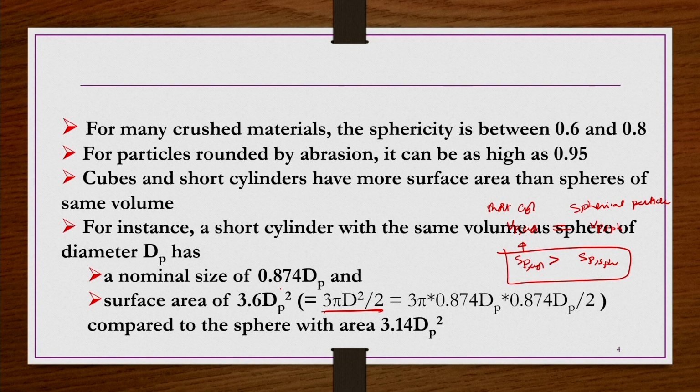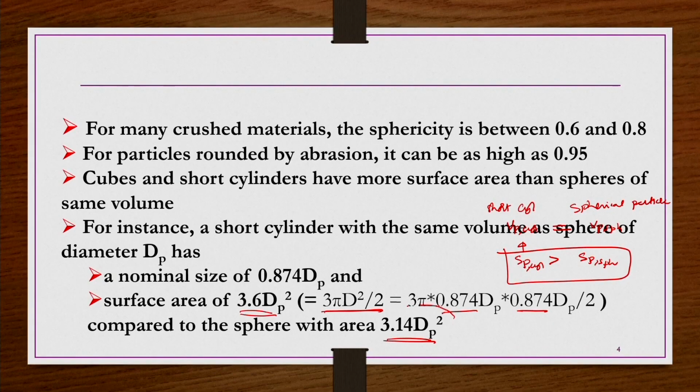Now, d is nothing but 0.874 dp, and if you substitute here, it is going to be 3.6 dp square, whereas the surface area of the spherical particle is going to be pi dp square, that is 3.14 dp square. So, the surface area of a spherical particle is smaller compared to the surface area of the short cylinder, provided the volumes of these two particles are equal to each other. Okay. In a similar way we can check for the cubes also.